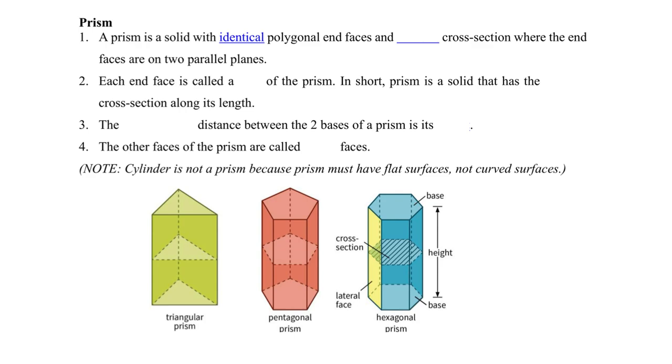For example, in the diagram you can see that the triangular prism has a uniform cross section, where the end faces are two parallel planes.